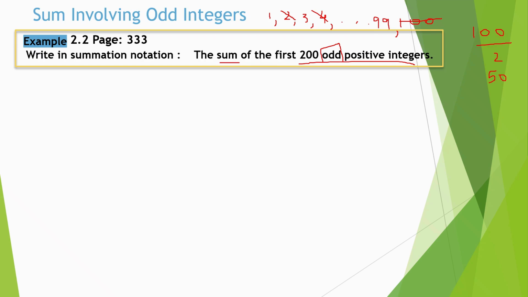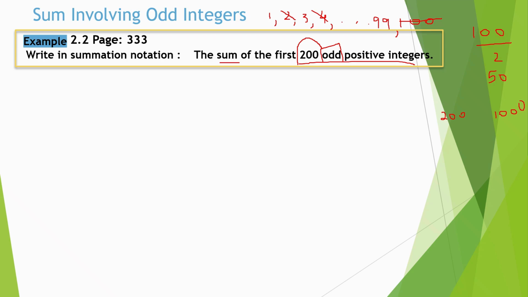But here you are asked for how many odd? 200 odd numbers. Which means in 100 numbers you got only 50. So suppose you take 200 numbers, you will get how many odd? 100 odd, isn't it?